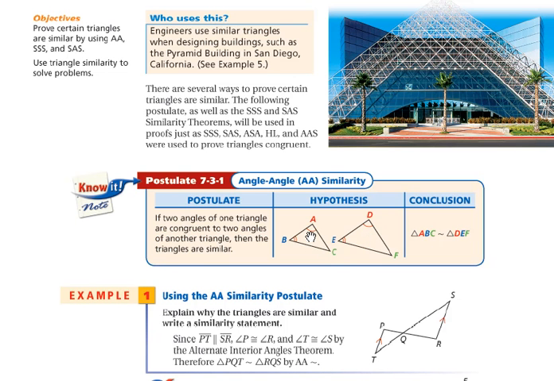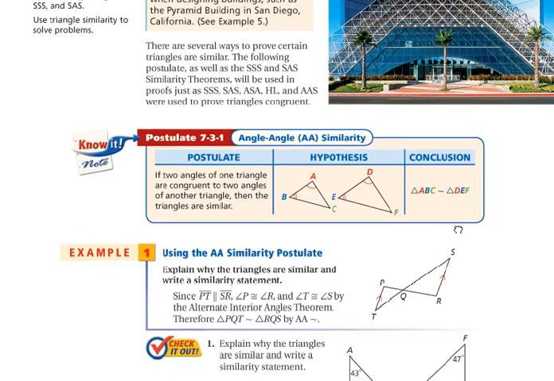For example, they may not be the same size, remember that, but they will be similar. So angle A and angle D are congruent. Angle B and E are congruent. They're the same angles for each, A and D, B and E. And so what we say then is that we have similar triangles here.